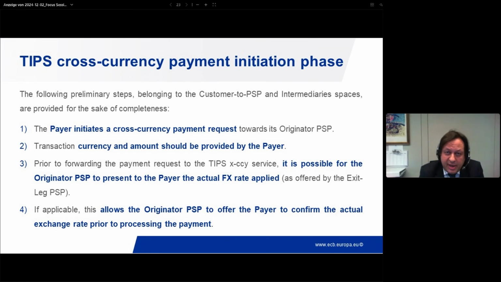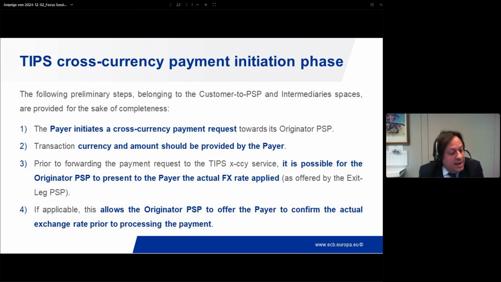And upon confirmation from the payer, the originating PSP will submit the transaction to TIPS. So it will formally send a PAX8 in a specific format that I will describe a bit later on.